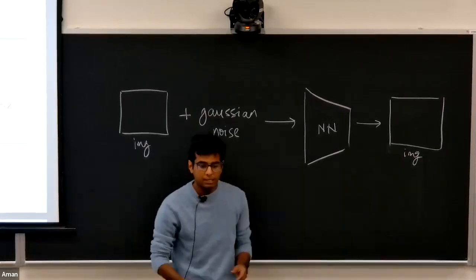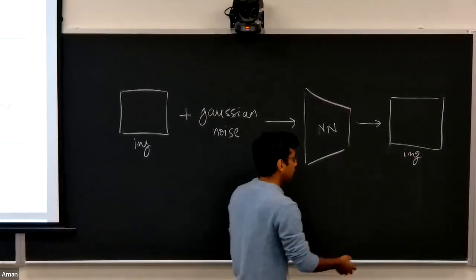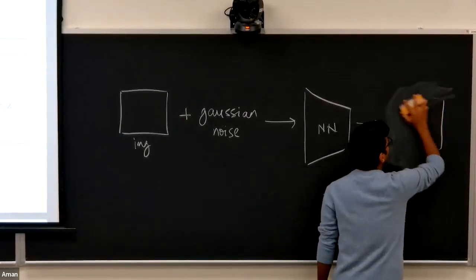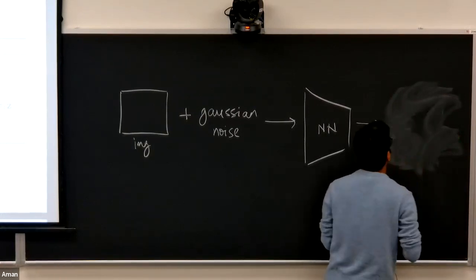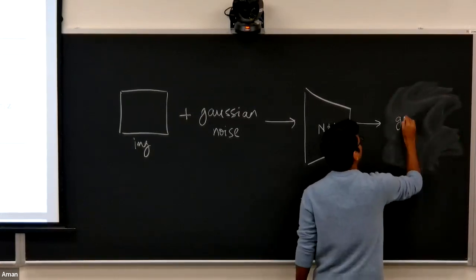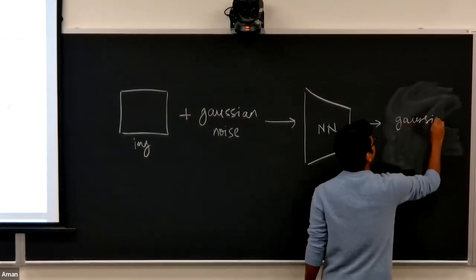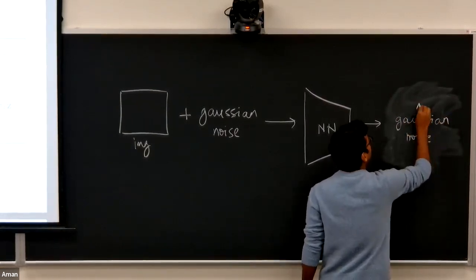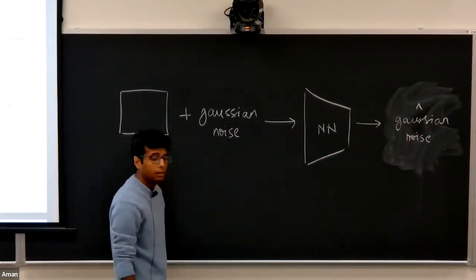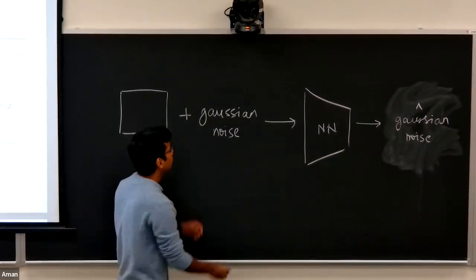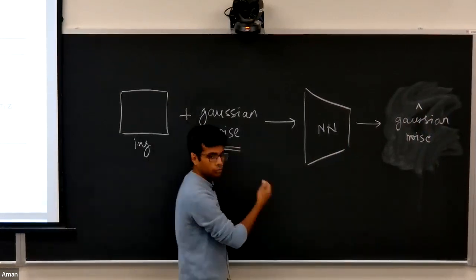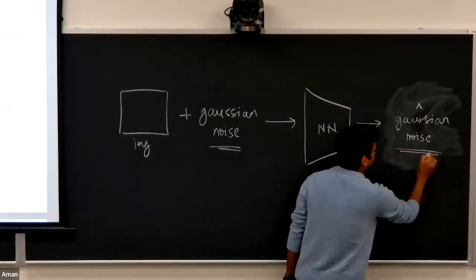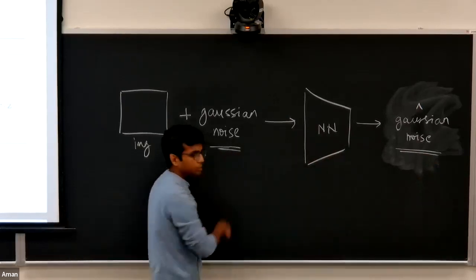And we had seen that this kind of a setup works better if, instead of predicting the clean image, you predict the Gaussian noise itself. So instead of predicting what the image is, you predict the amount of Gaussian noise that was added to the image. And you know what the Gaussian noise was that you added, because this is something that you sample yourself. This should be exactly equal to the Gaussian noise that we have added.